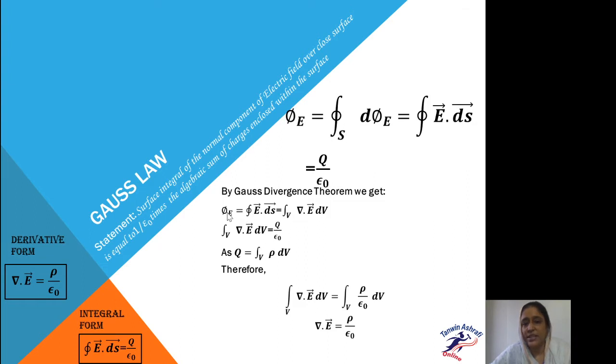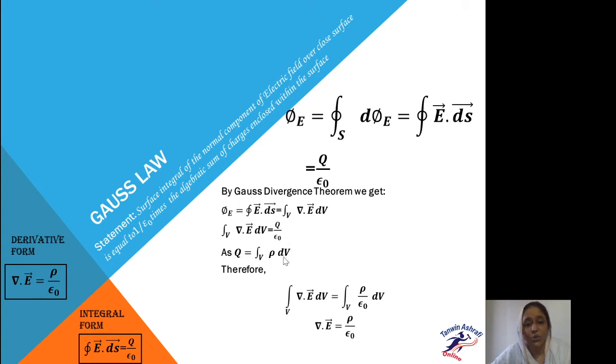Now, flux is nothing but the integration over the surface of E dot dA. By the divergence theorem, this is the integration over the volume of del dot E dV, where dV is the volume. Now, the integral of del dot E dV is nothing but Q by epsilon naught.